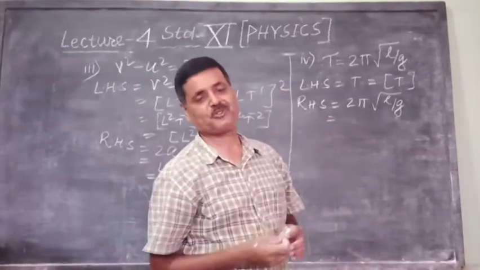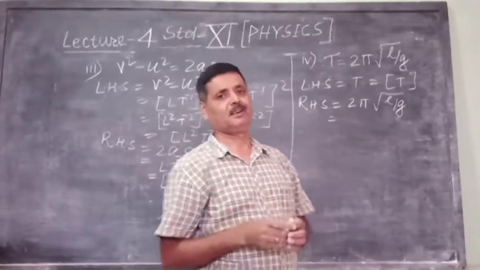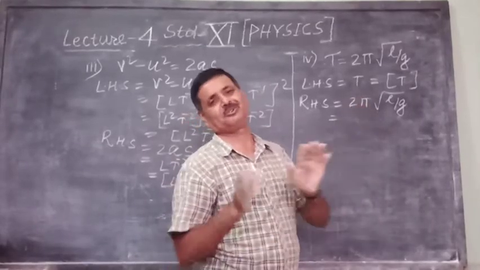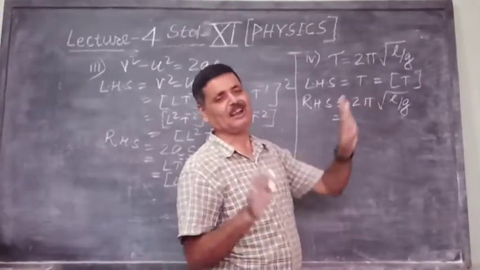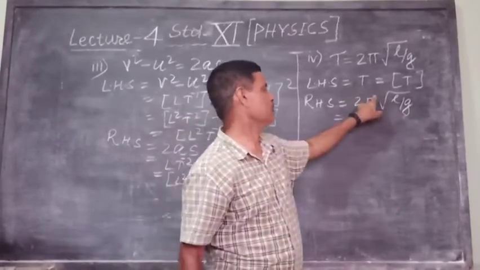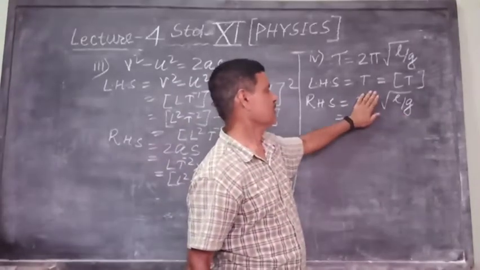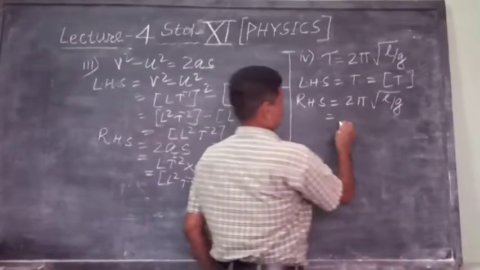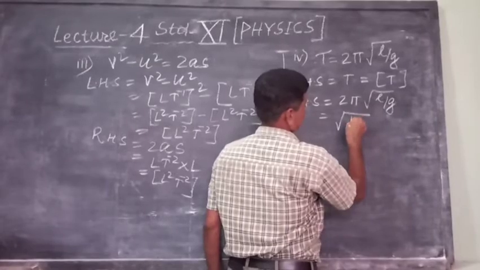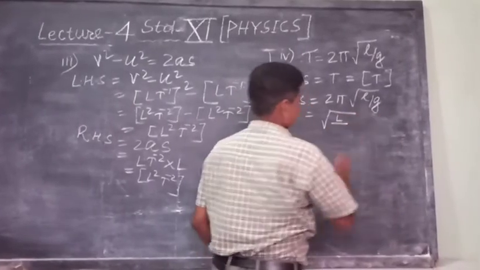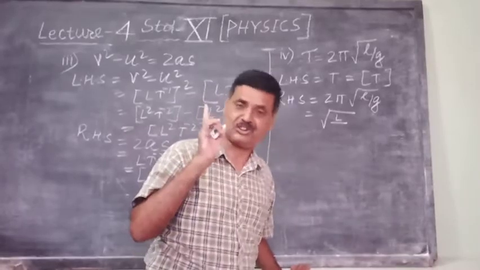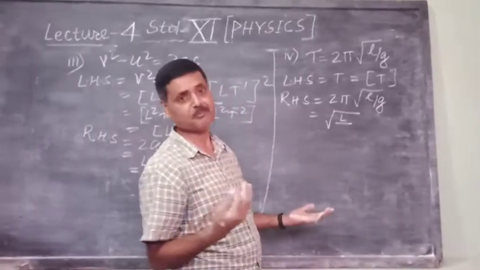Pi means 22 by 7. So 2 into 22 by 7 is a numerical value, and a number has no dimension, so it is a dimensionless quantity. L represents length, and this g, acceleration due to gravity, is similar to the dimension of acceleration. The unit of both is the same.